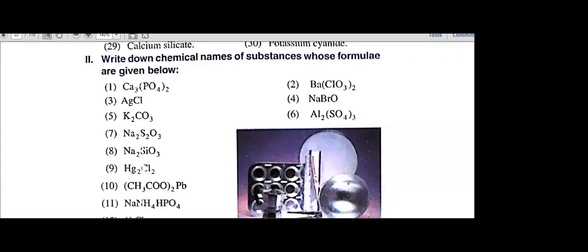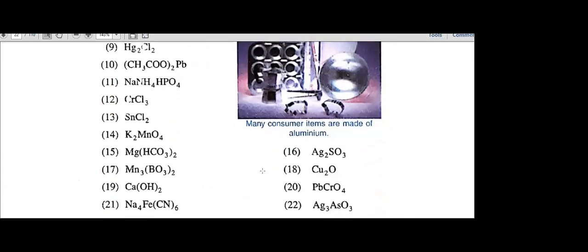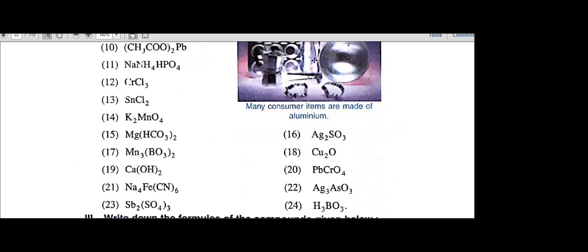Okay, I guess all of you are done till question number 24. Any other doubts till 24? Yes, 24. See, H3BO3. Very good question, Bindu. In this case, tell me, out of these two, which is cation and which is anion?